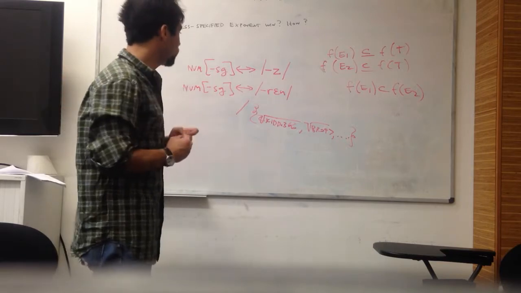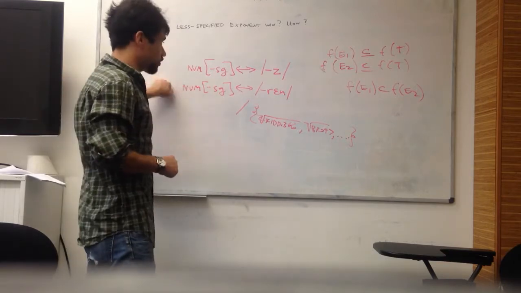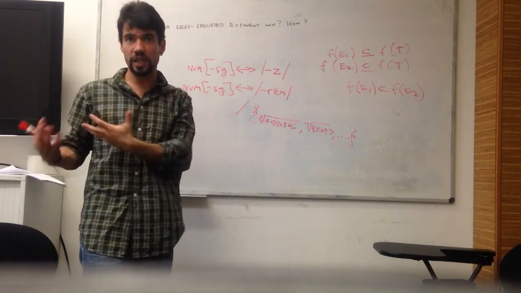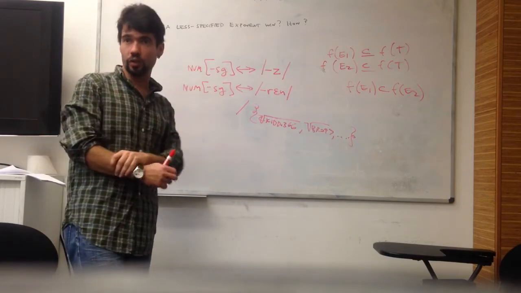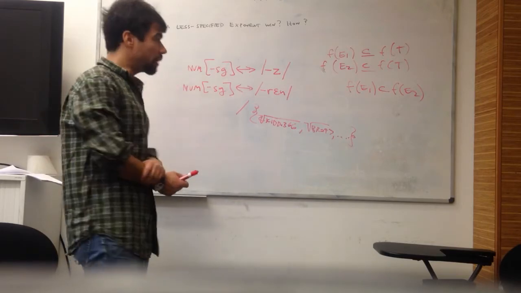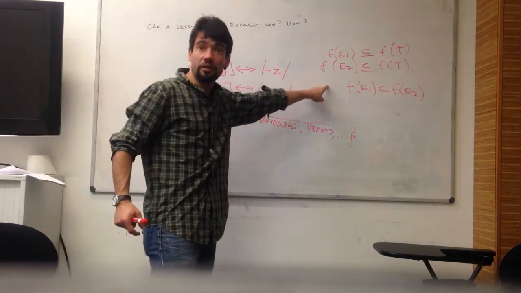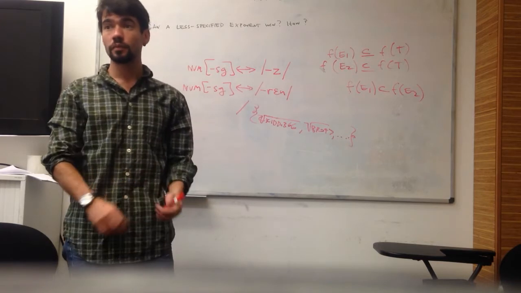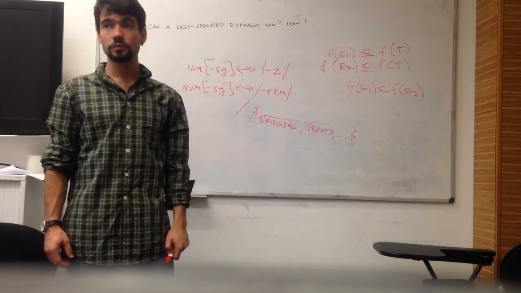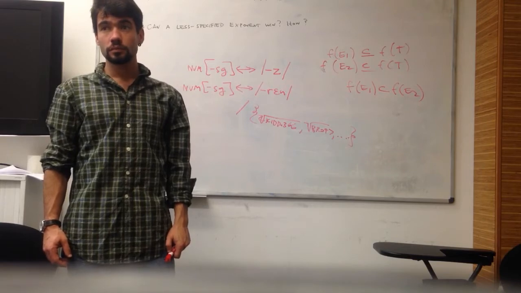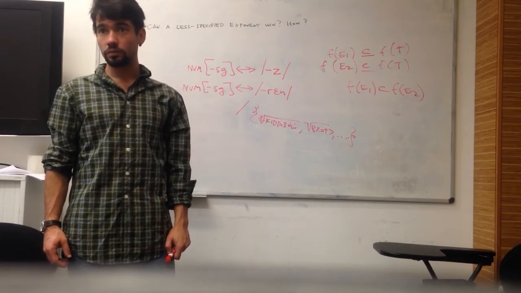Now, the question is, if we look at these two vocabulary items, we know that at the end of the day, the right answer is that ren is going to win the competition. But does anything that I've written over here guarantee that result? Yes or no?